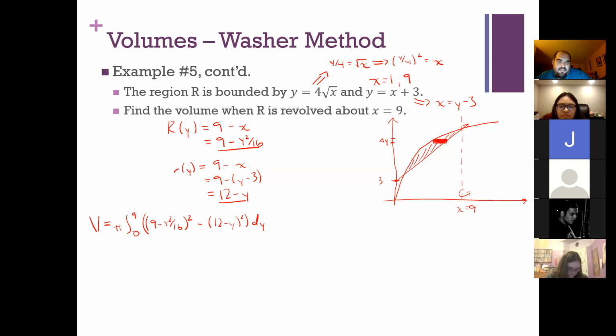Someone check me on that, but I think that's what I remember. So does that mean these limits should be 1 and 9? I thought the limits were supposed to correspond with the y-axis. Yes, that's true. So 1 and 9 are x values, but this whole integral needs to be in the language of y. So what should my limits be instead?